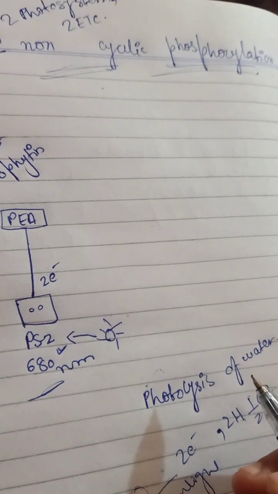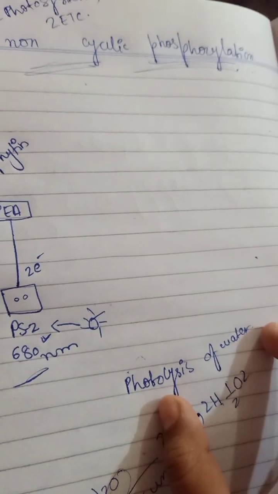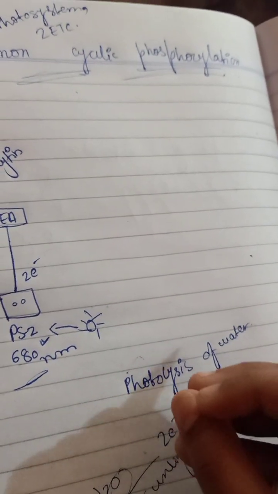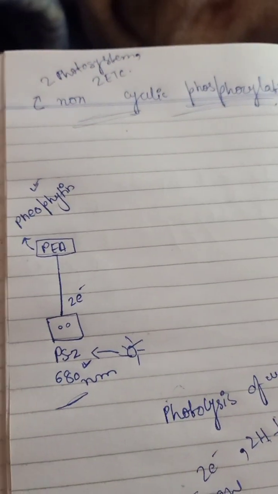So the breakdown of water in the presence of sunlight is called the photolysis of water, and it occurs in the lumen of the thylakoid. So this is step 2.